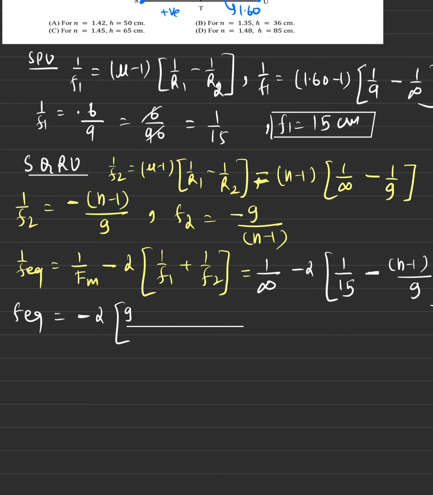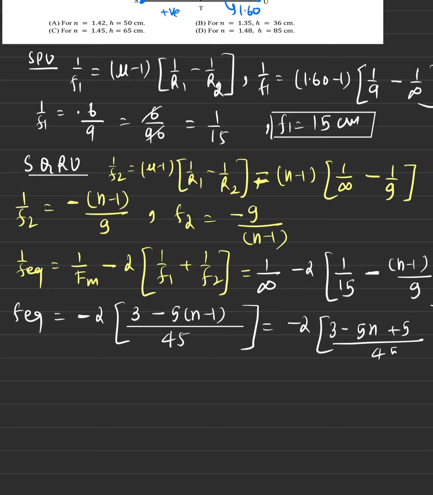If we take the LCM 45, this will become 3, and this will become minus 5 and minus 1, and this will become minus 2 times (3 minus 5N plus 5) divided by 45.